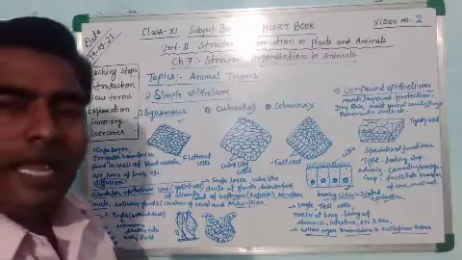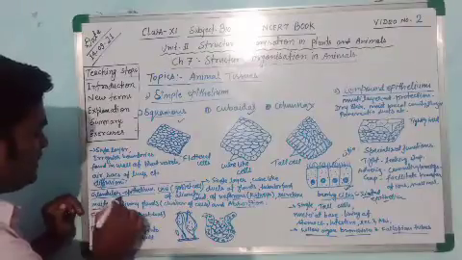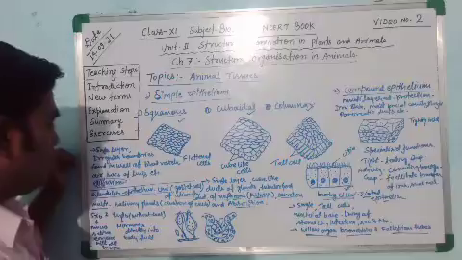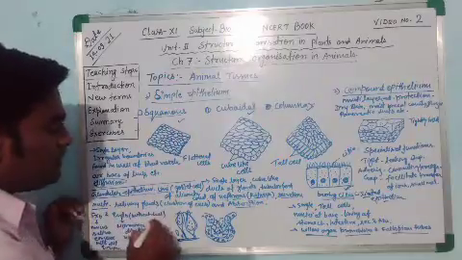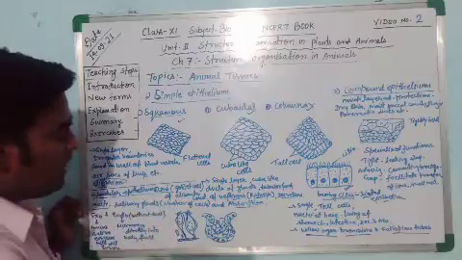Now some glandular epithelium is also found. They form the glands, either unicellular or multicellular. So the glandular epithelium is of two types: unicellular glands and multicellular glands.